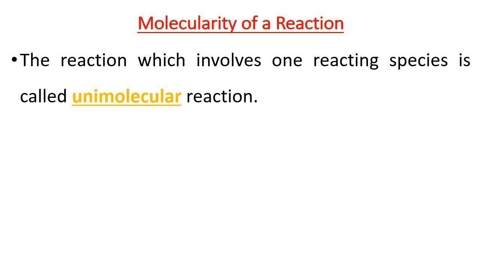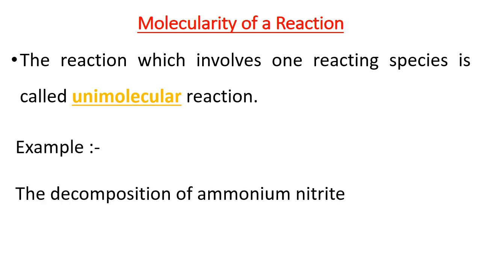The reaction which involves one reacting species is called unimolecular reaction. For example, the decomposition of ammonium nitrate involves one molecule of reactant. Hence, it is an example of unimolecular reaction which gives nitrogen and water.